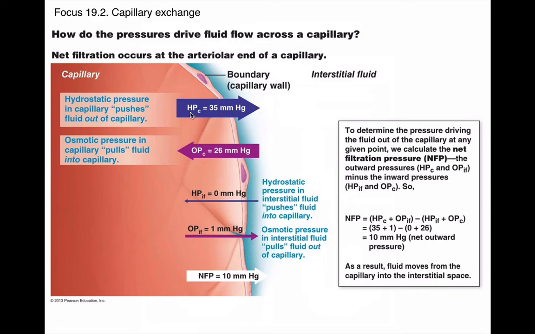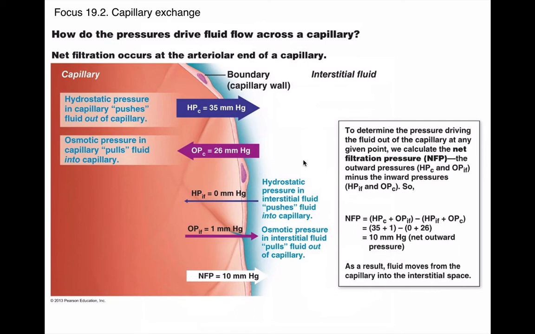That's the pressure pushing the fluid out from the capillary lumen into the interstitial fluid. At the same time, the dissolved solutes inside the plasma that can't leave the plasma have an osmotic pressure of 26 millimeters of mercury. But that's just what's happening from the capillary's point of view.